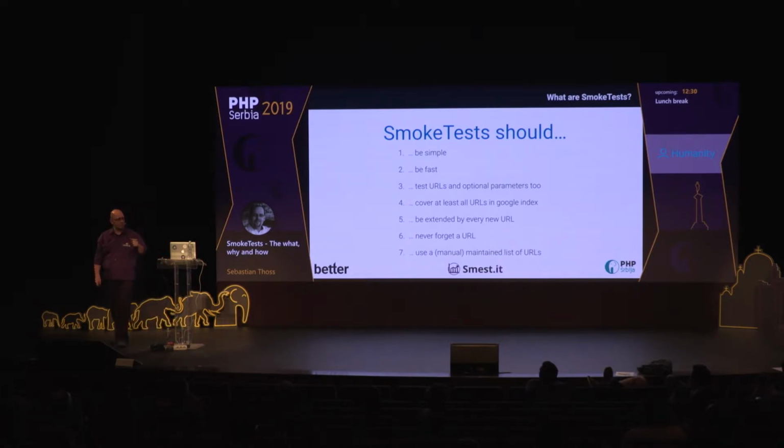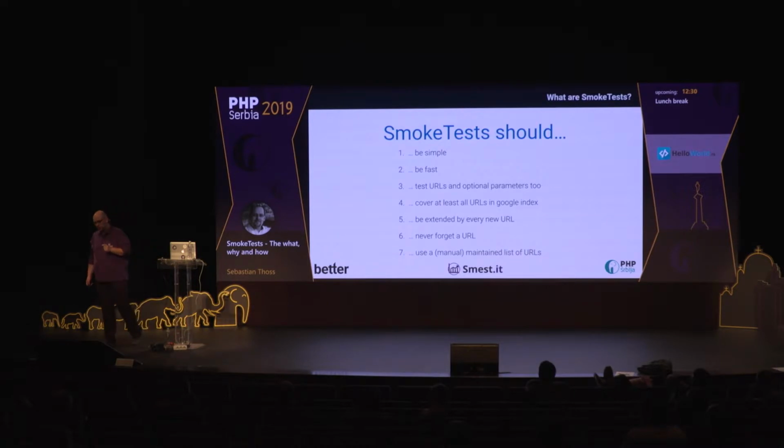Never generate the list of smoke tests out of the available URLs you have. Because if 10,000 of your 20,000 URLs are no longer in that list, not deployed, they are missing from the smoke tests. You would get green smoke tests, but it's not working. So we really defined that it should be a manual list.